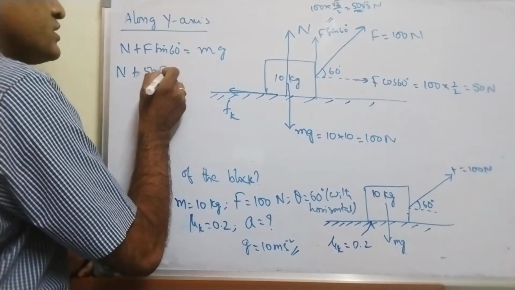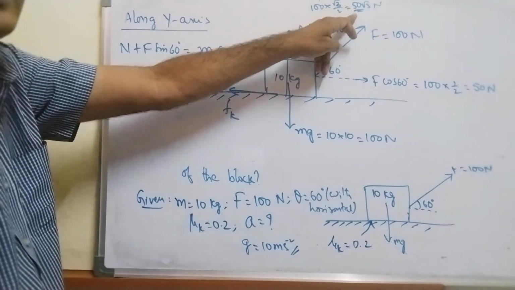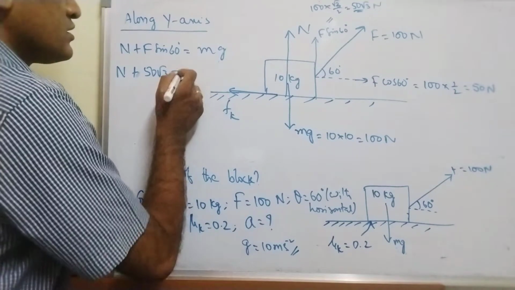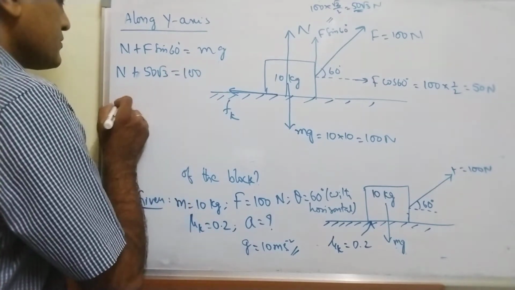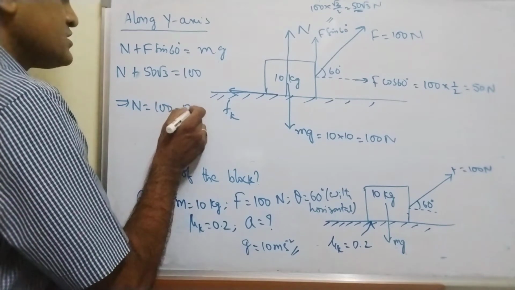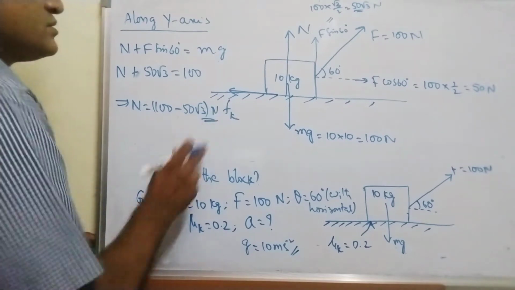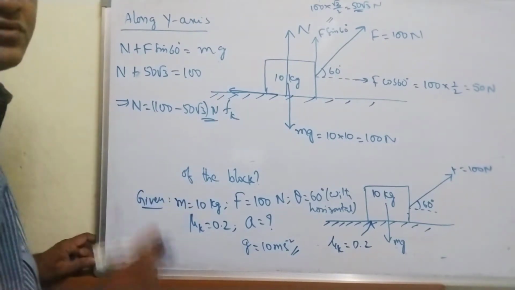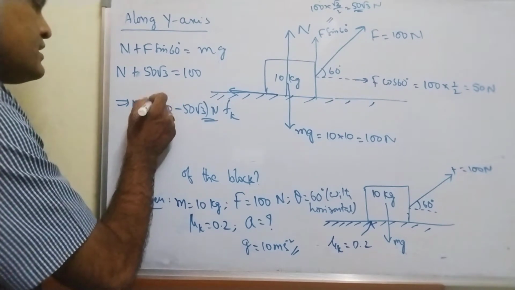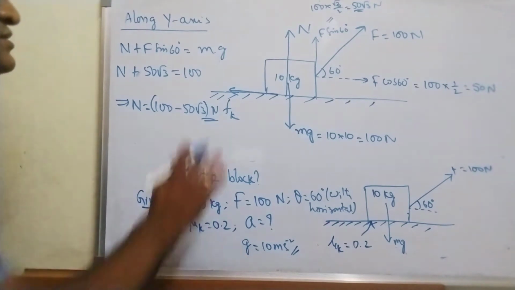I will put the value of F sin 60 degrees, which is 50 root 3, is equal to the weight, which is 100. From this, N is equal to 100 minus 50 root 3 Newton. Don't get confused: this is the normal force, equal to 100 minus 50 root 3 Newton. This is the value I got.